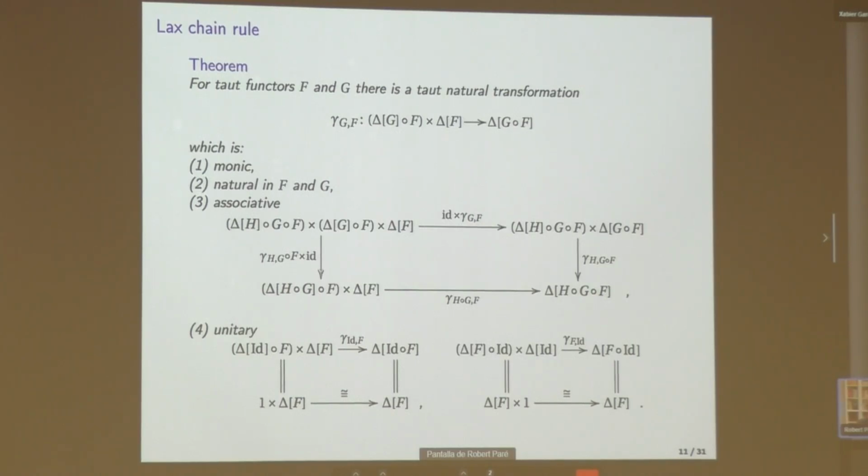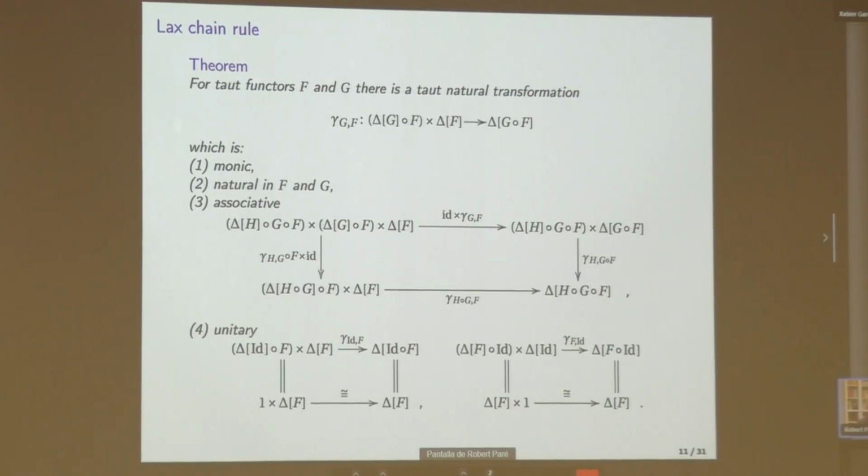It's monic, it's natural in f and g, and it's associative in the way that you might expect. You want to take a composite of three functors and take the difference, and you want to compare that with the difference of each of the individual functors suitably evaluated.